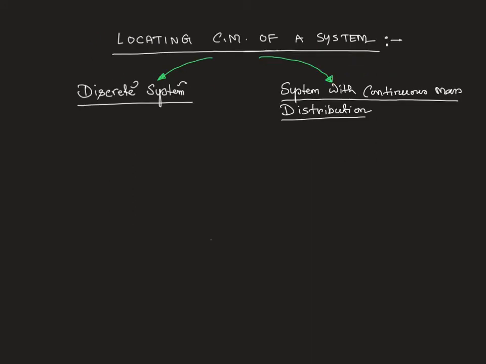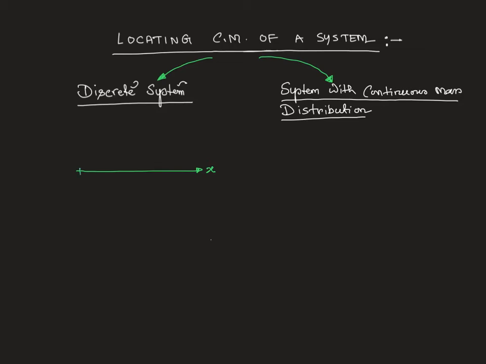Now we will learn to locate the center of mass of a system. The system may be of two types: a discrete system and a system with continuous distribution of mass. For a discrete system, I'll take a very simple example. First, I'll consider an x-axis like this, and we'll find out the x coordinate only.